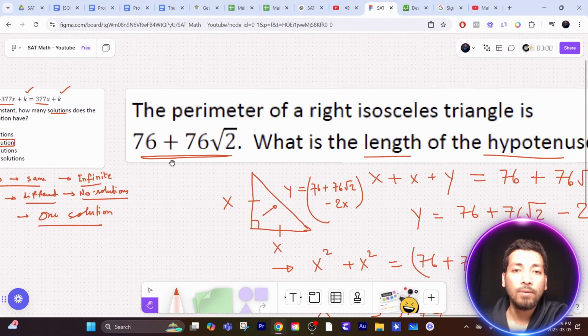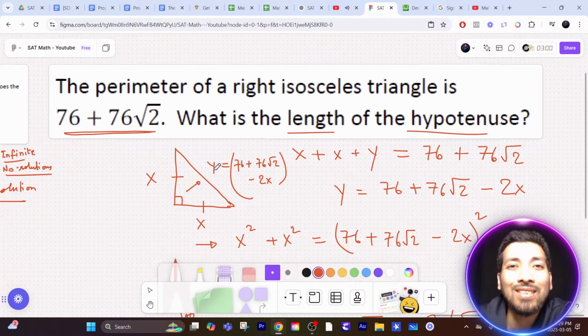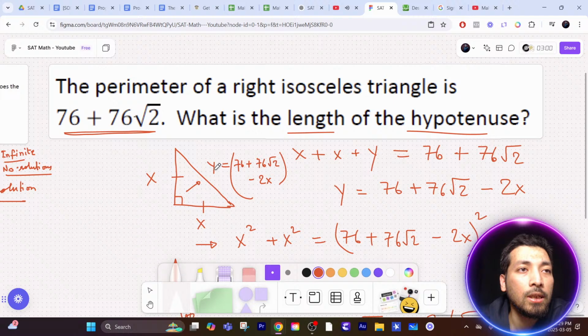Perfect. Now let's move on to this last problem that we had discussed in the broadcast. So the problem statement says the perimeter of a right isosceles triangle is 76 plus 76 square root of 2. What is the length of the hypotenuse? So for any geometric figure, it's always a good strategy to draw a diagram.